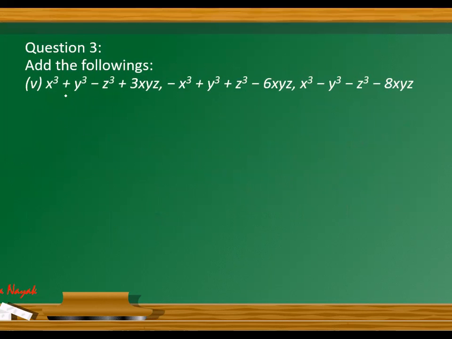Next is again, there are three expressions having four terms. Terms are x cube, y cube, z cube, 3xyz. X cube, y cube, z cube, xyz. X cube, y cube, z cube, xyz. So first I'll put the addition sign in between.